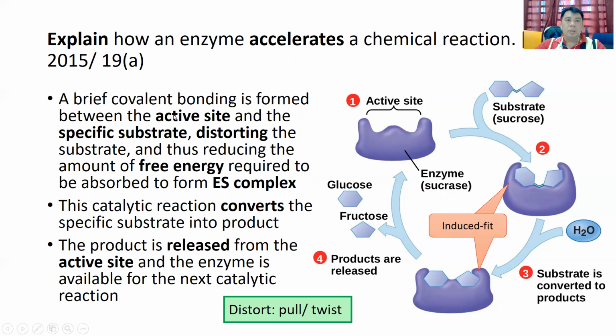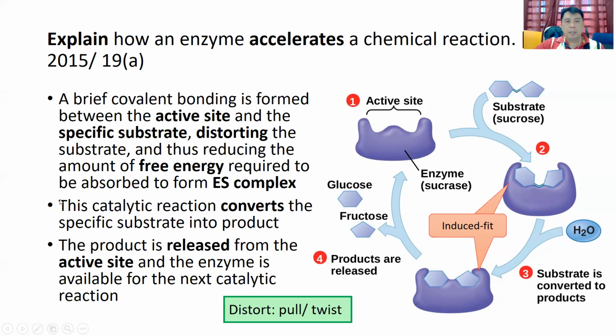A brief covalent bond is formed between the active site and the specific substrate. Like I said, the chemical group of the substrate interacts with the R group of the amino acid in the active site of the enzyme, distorting the substrate and thus reducing the amount of free energy required to form the enzyme substrate complex. So this is lowering the activation energy.